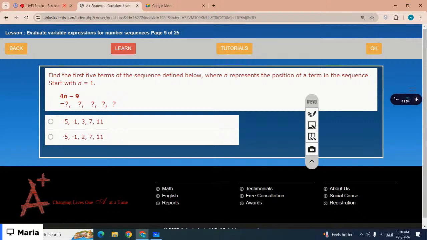The correct option is, hmm, hold on. Yes, option number 1 is the correct option. That is negative 5, negative 1, 3, 7, and 11.